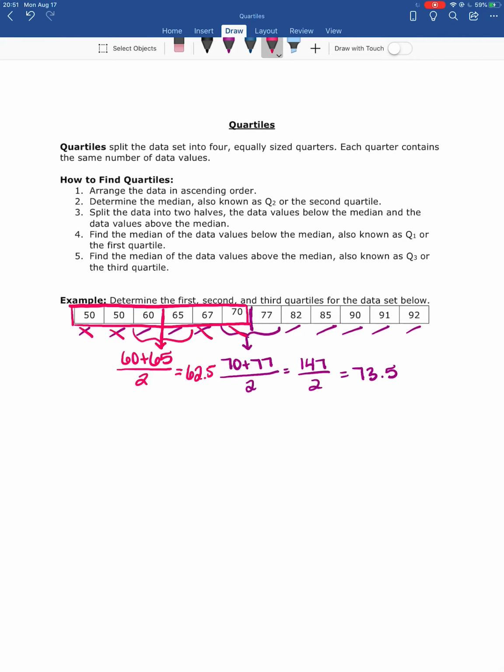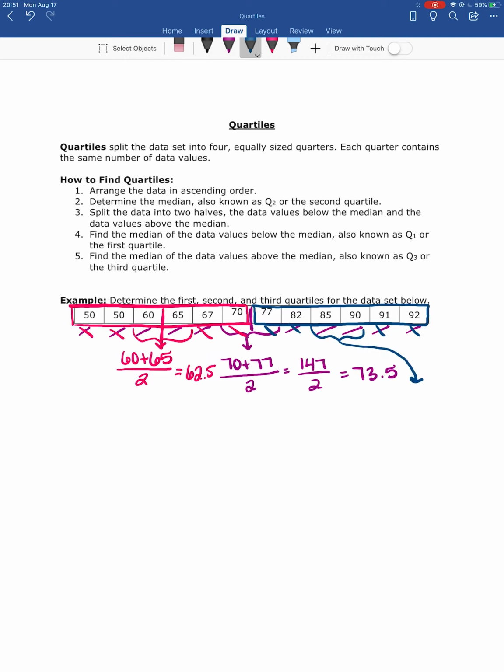And then we're going to do this one more time with all of the numbers that are above the median. And remember, the median was 73.5. So now I'm looking at all of these numbers, 77 through 92. And again, I can cross out 1 from each side until I'm left with these 2 numbers.